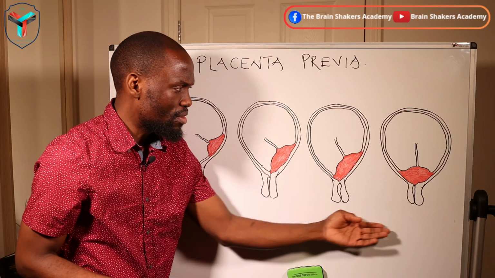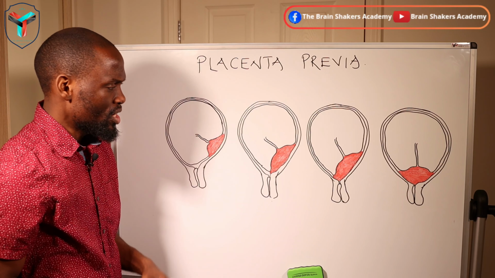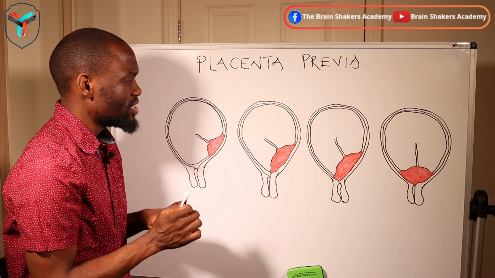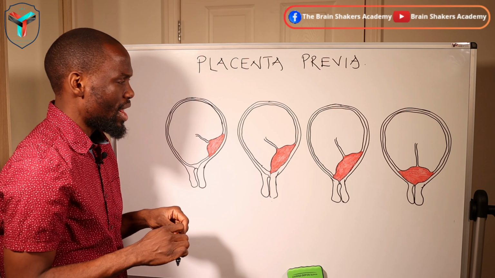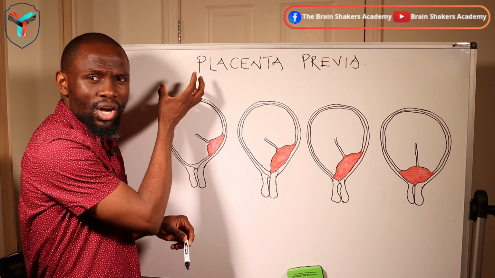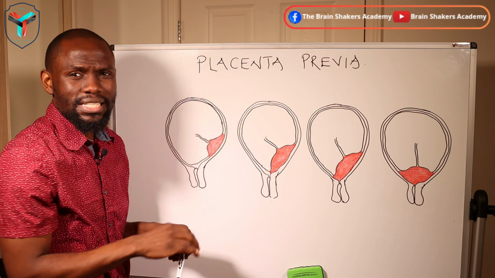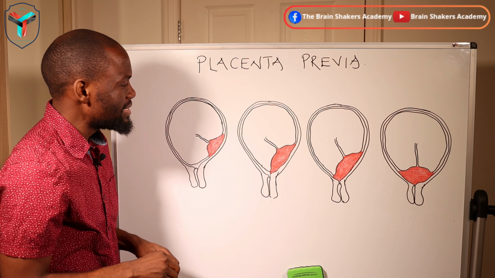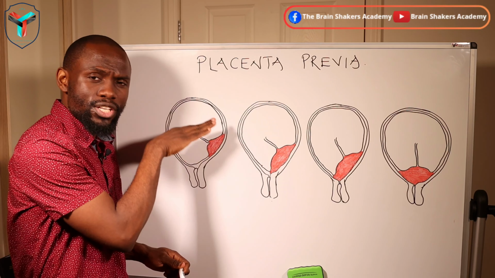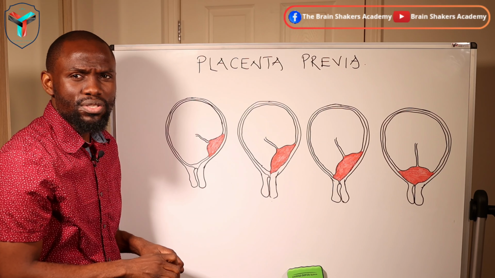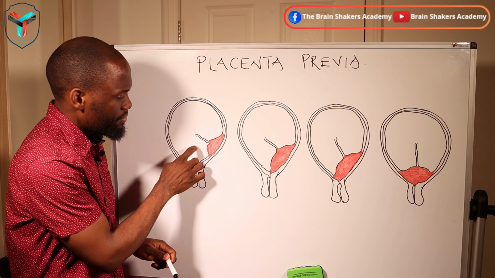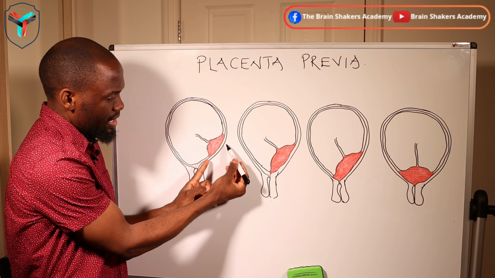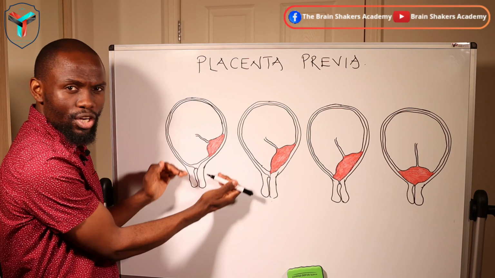So there are various forms of placenta previa. Once a placenta has implanted itself into the lower portion of the uterine segment, then it is considered to be a low-lying placenta. If you look at this first diagram, you will notice that the placenta has invaded the endometrial lining in the lower bottom.